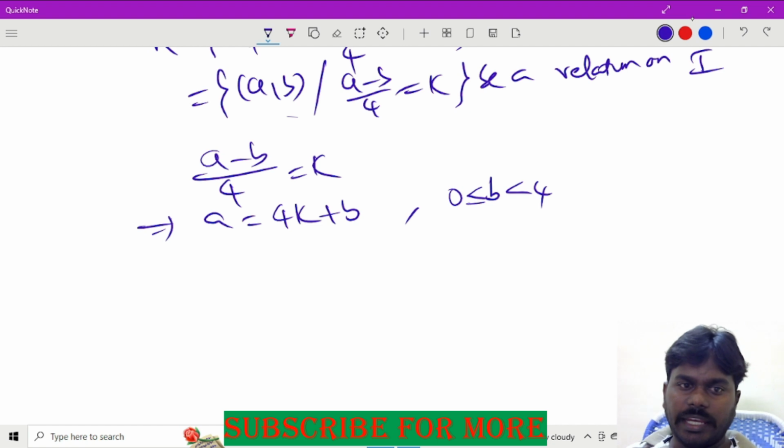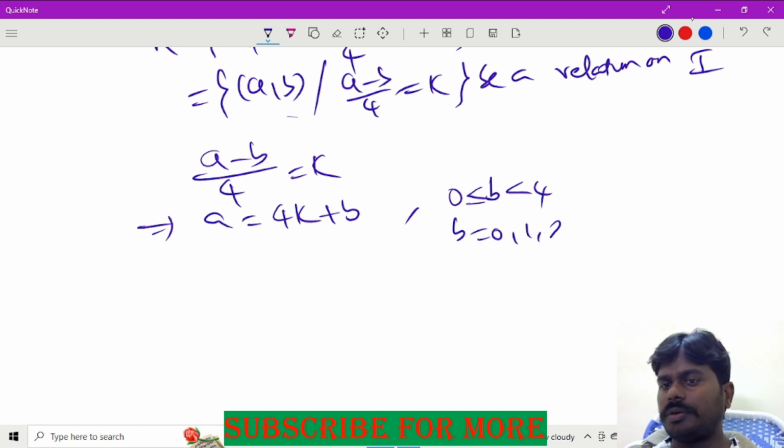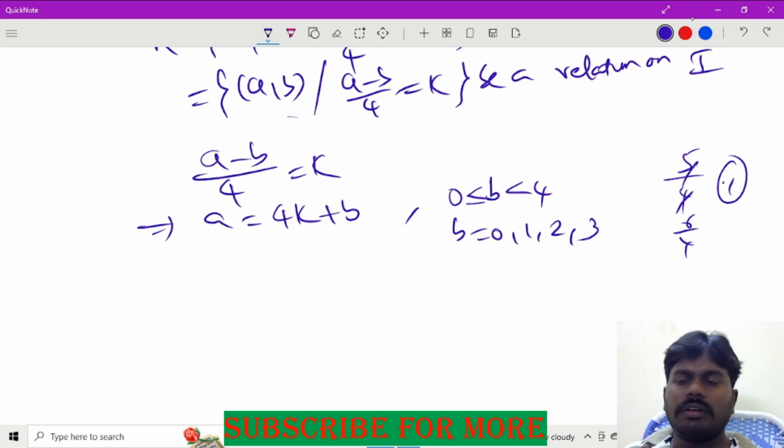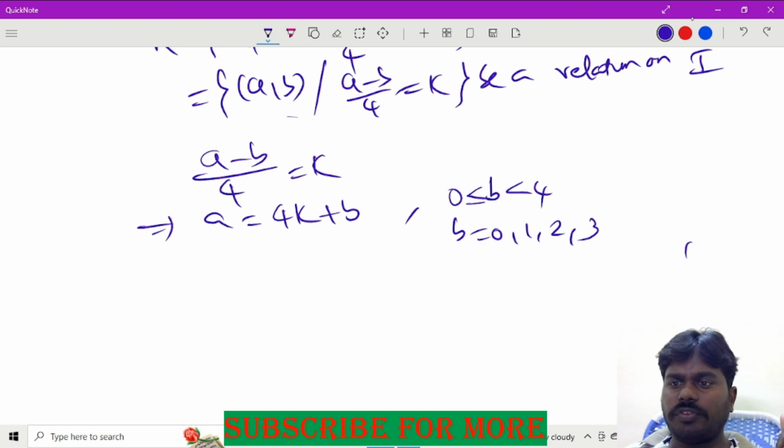When you are dividing any number a by 4, possible remainders are 0, 1, 2, 3. If you have doubt you can check by dividing any number: 5 by 4, remainder 1; 6 by 4, remainder 2, like that. You cannot get 4, 5, 6 as remainders because we can still divide the numbers.